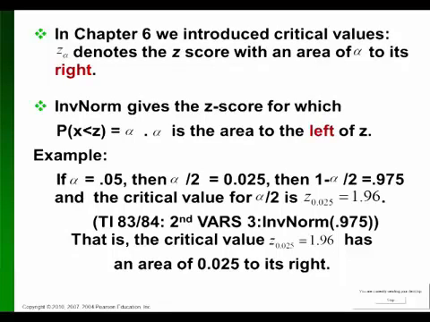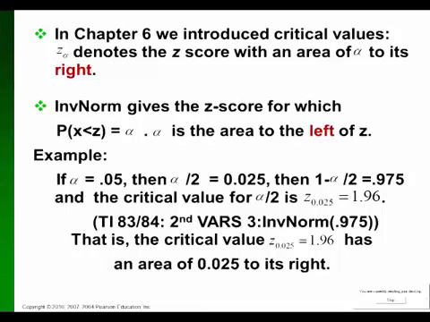And that's why in Chapter 6 we had a problem that said find z sub 0.02. We didn't type in inverse norm 0.02. We typed in inverse norm 0.98. The alpha is giving you the area to the right. So 1 minus alpha is the area to the left. And that's what you have to type in for inverse norm.